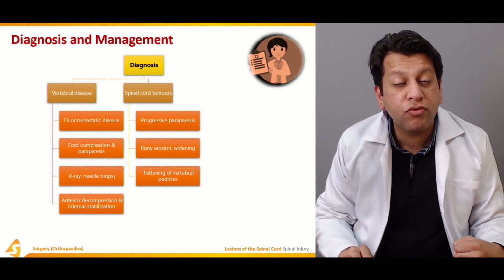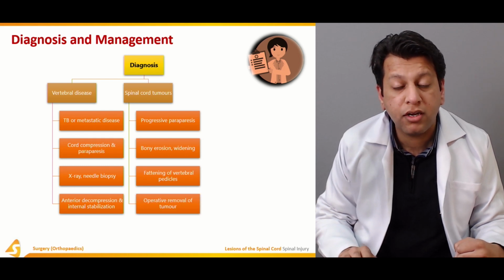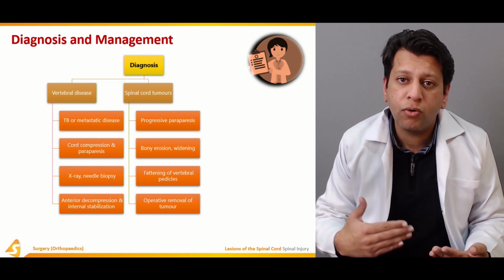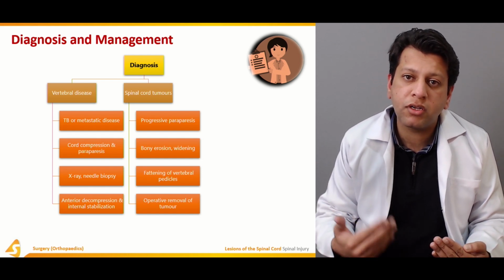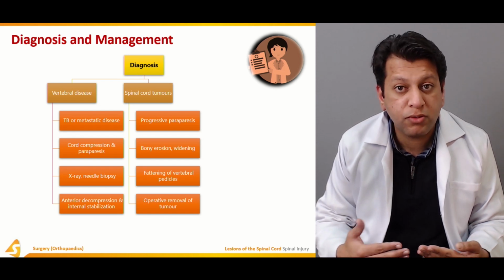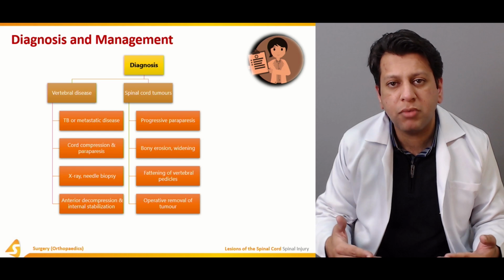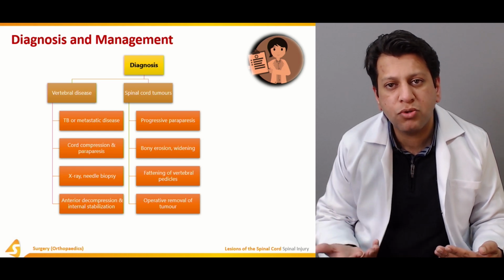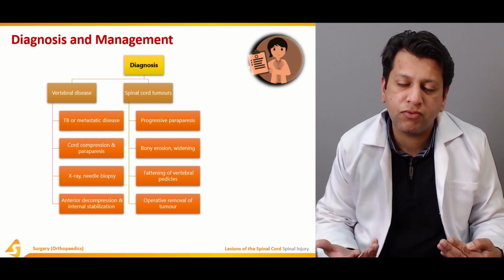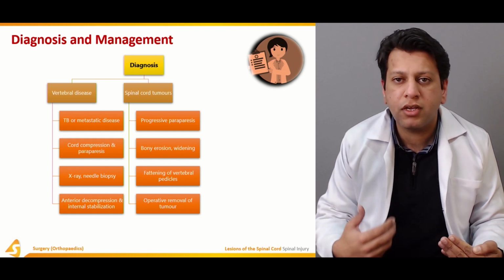There could be flattening of the vertebral pedicles, and usually treatment depends upon what kind of tumor it is, and whether it's radiosensitive or radioresistant, but usually it involves multimodal therapy. There may be some kind of fusion or stabilization done on the spine, along with the excision of the tumor.